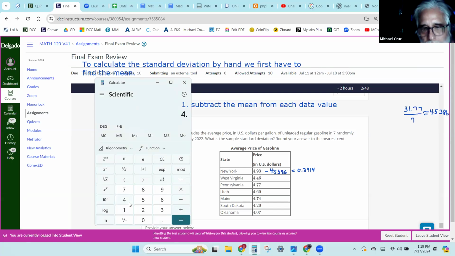So 4.46 minus, let me recall, there's a negative value. All right. So 4.77. So just budget for the fact that this takes a lot of time. That's the only thing I can say, and that's why there's only one in there.